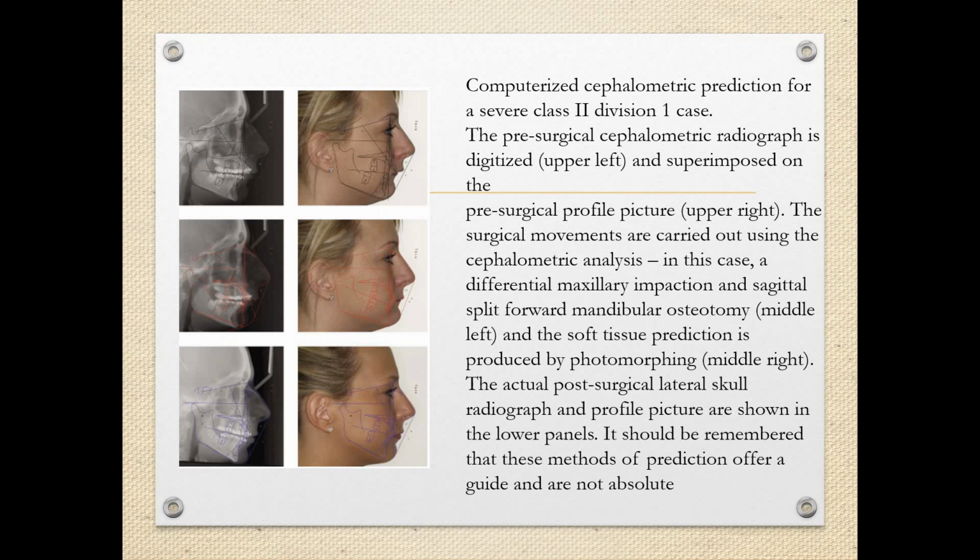In the case of manual prediction, the orthodontist carries out the proposed jaw movements on the cephalometric radiograph and reproduces the soft tissue changes using profile outlines, templates, or superimposed photographs.